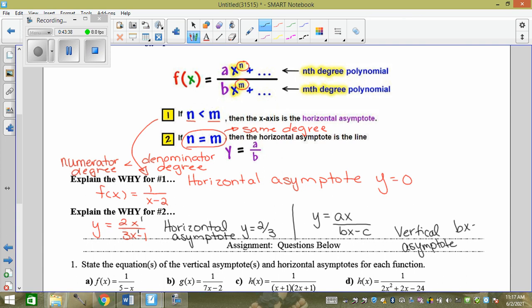So it would be bx minus c equals 0, bx equals c, x equals c over b. So it would be variables. It wouldn't be numbers. That's how Math 20-1 leads to Math 30-1: taking out numbers and using variables. We need a question like this, and just say a, b, and c are natural numbers. And then your horizontal asymptote.